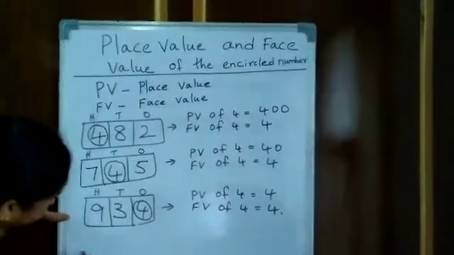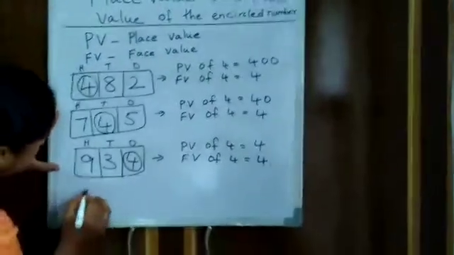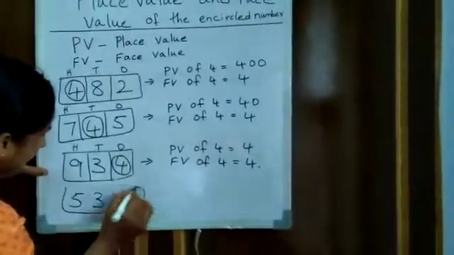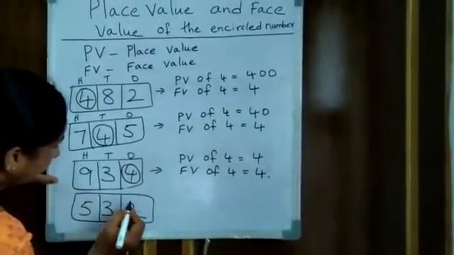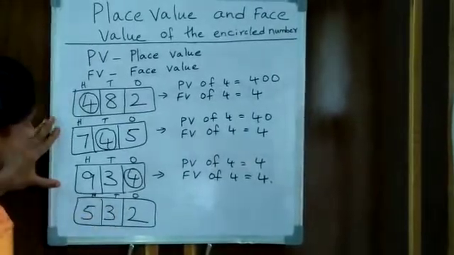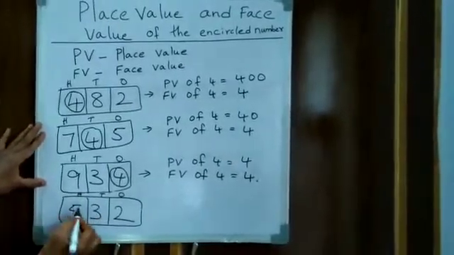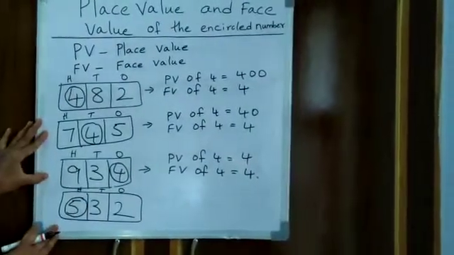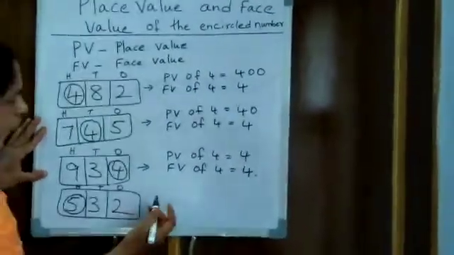See, another example, 532. Write one number in one box and write the place values: ones, tens, hundreds. Now see here, I am encircling 5. Now you have to write the face value and place value of 5.